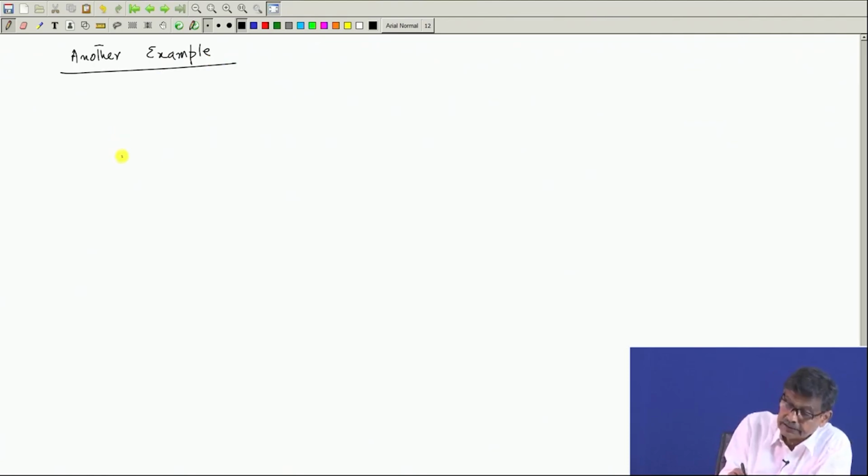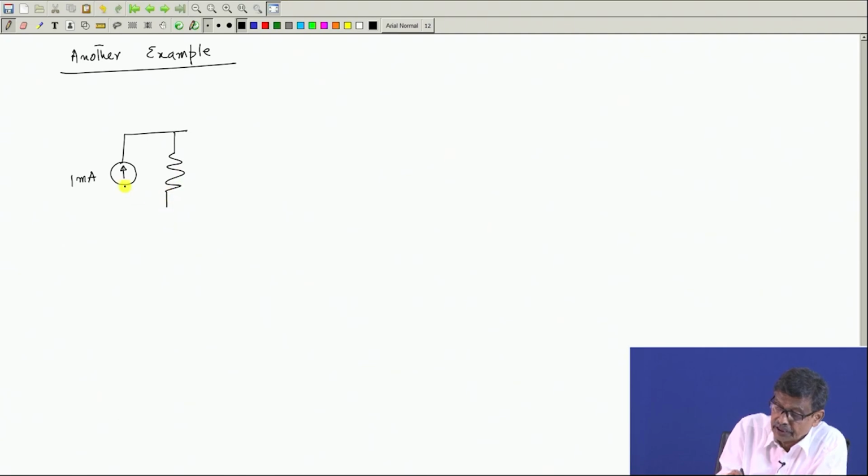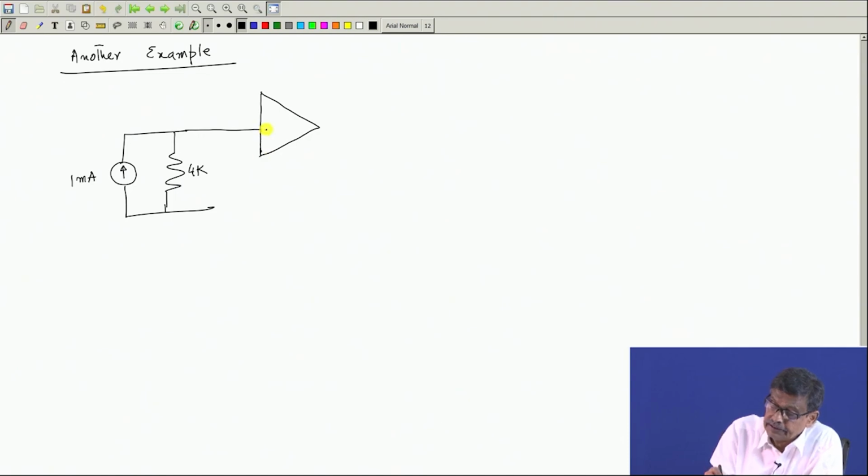The circuit goes like this. Here is a 1 milliampere current source, across which there is a 4 k connected, and this one is fed to an op amp which is drawn like this, with this as plus.